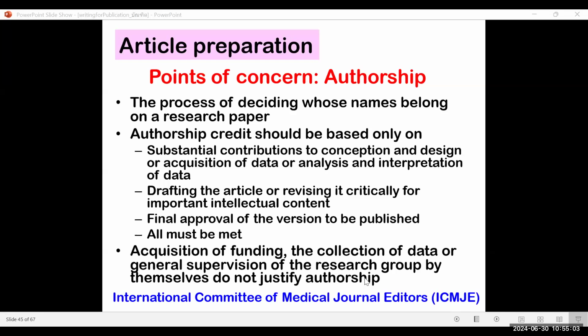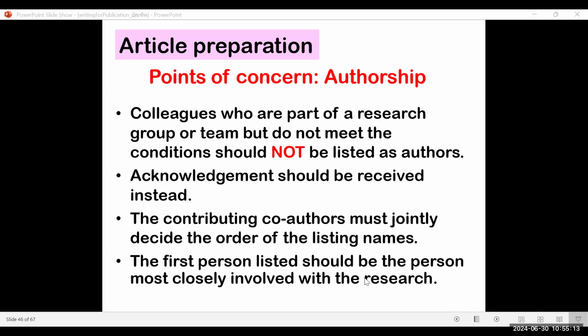You need not write his or her name there, but you can list their name in the acknowledgement, right? Some person or mentor whom you consulted, your former supervisor or former professor, about the idea, he or she may be listed in the acknowledgement section instead of the authors, right?